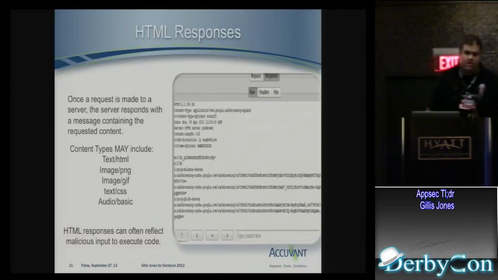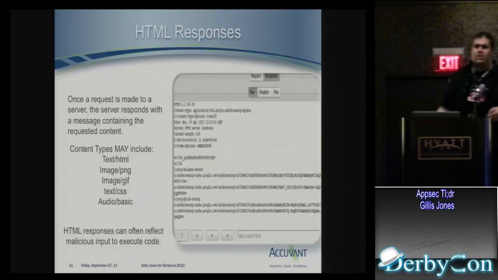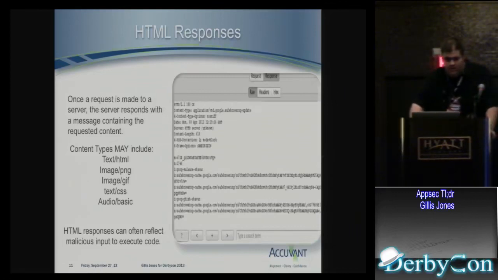Now, there are a couple different content types which all have a different use, both in rendering normal content on the application, as well as potential exploit scenarios. So, for example, if you're sourcing an audio file, there are a lot of times where potentially you can modify the source of the file to pull in something completely different.